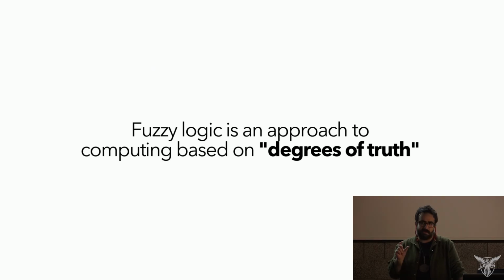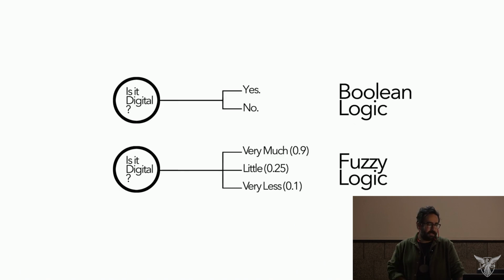that probably helps me frame this in-betweenness, which is based on degrees of truth, different from the Boolean logic, which is 0 and 1. So for instance, if you're asking someone if something is digital or not, through Boolean logic it would be yes or no, but through fuzzy logic it would be a qualitative measurement of that.